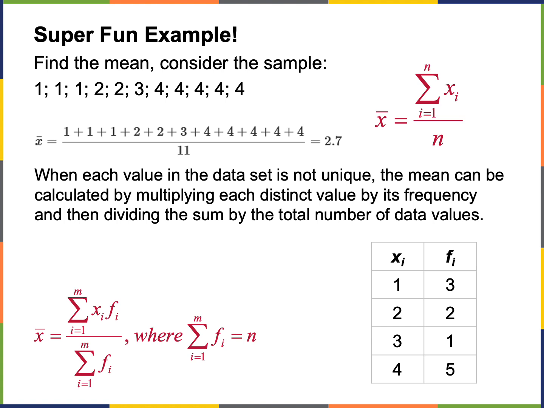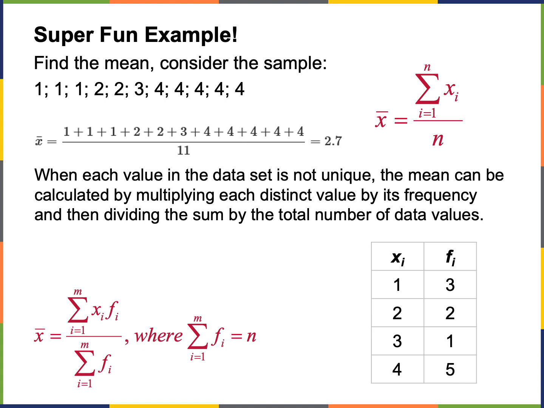So this would be 3 times 1, 2 times 2, 1 times 3 because it only occurs once, and 5 times 4. If you take the product of these and add that together, that represents the top part, and then you divide by the sum of the frequencies.